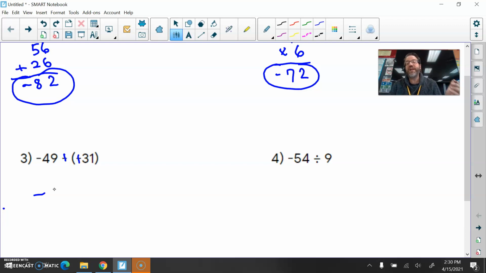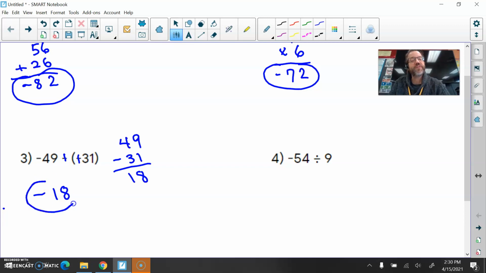The question is, how many more negatives are there than positives? So I'm going to take 49 minus 31 and see what I get. I get a difference here of 18. 9 minus 1 is 8. 4 minus 3 is 1. And we have more negatives than positives, so my final answer is negative 18. Okay?